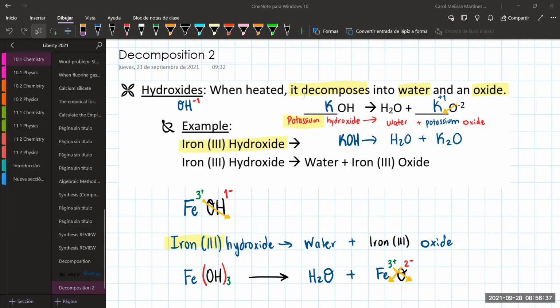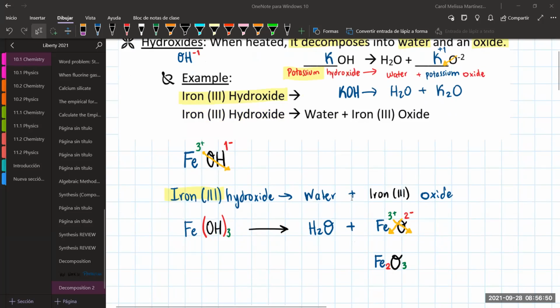So in the end, the product is Fe2O3: this 2 is coming from iron, and this 3 is coming from oxygen. So this is the procedure. I'm going to put it apart, but this is the answer.